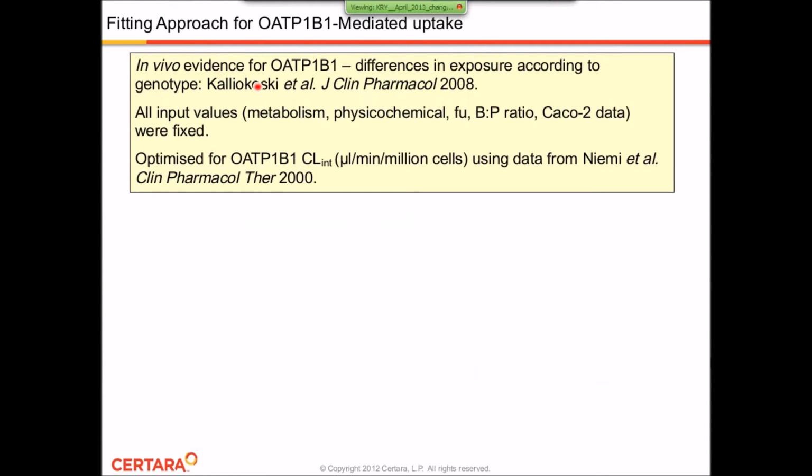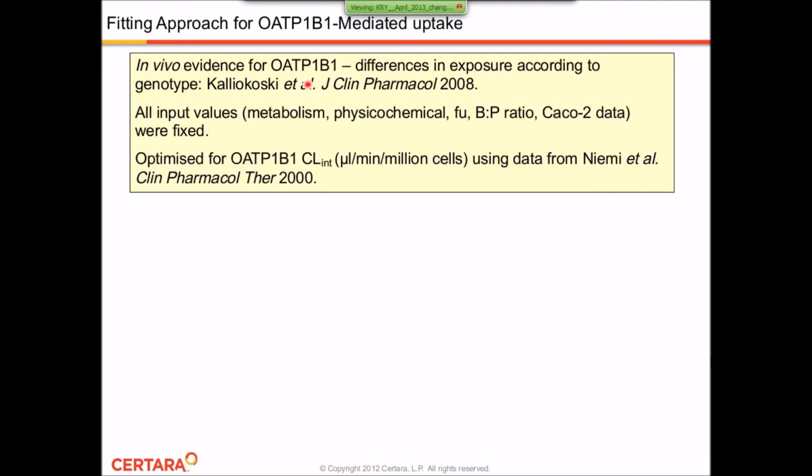So as I mentioned to you, what we can do is use, and this is actually just demonstrating a top-down, bottom-up approach here, where we're using clinical data and the in vitro data and fitting to get an unknown, to get the missing component.